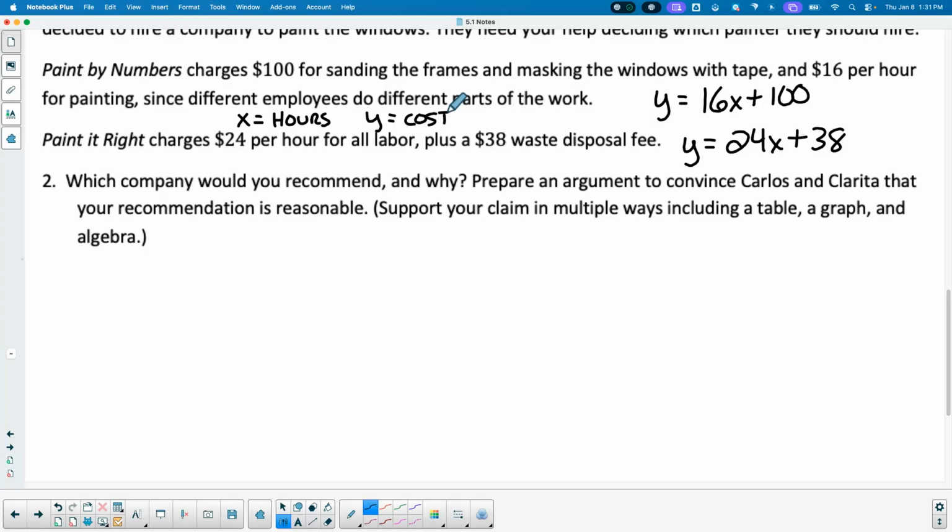Okay. So we can set them equal to one another. Again, I can take this one and put it right there. That gives me 16x plus 100 equals 24x plus 38. Subtract 16x.